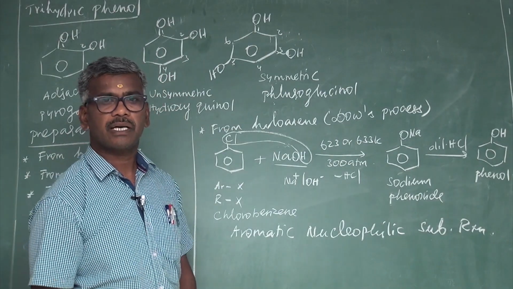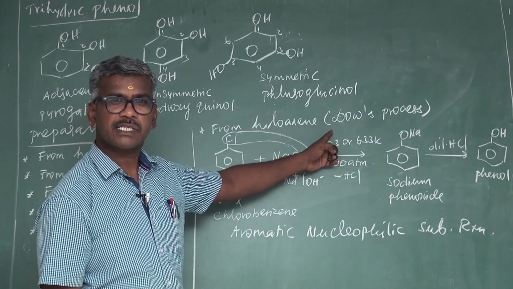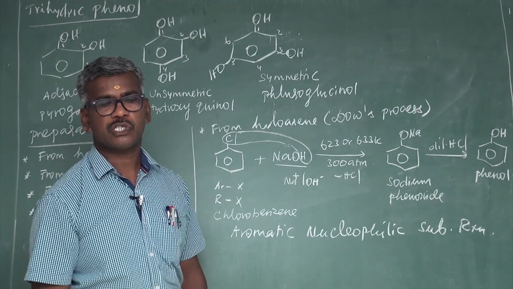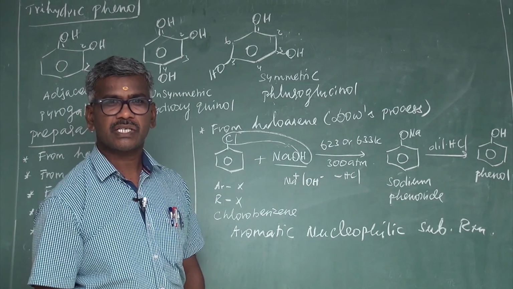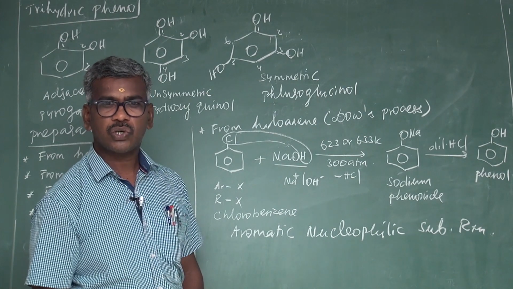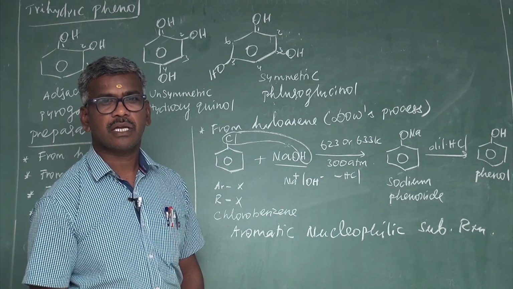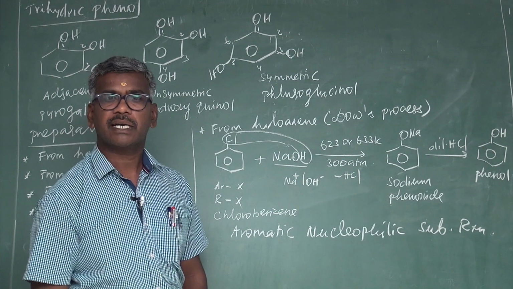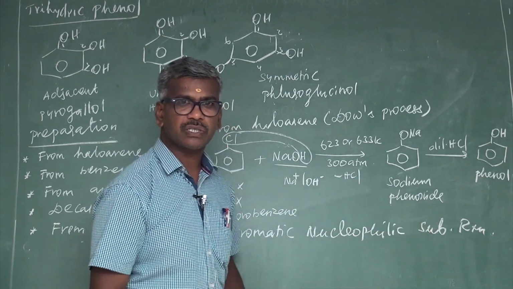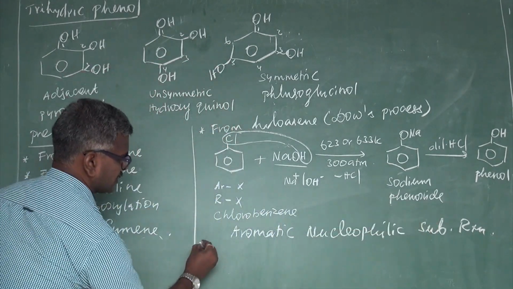One more question may be asked: in the Dow process, preparation of phenol undergoes what type of reaction? Addition reaction, electrophilic addition reaction, nucleophilic addition reaction, or nucleophilic substitution reaction? The correct answer is aromatic nucleophilic substitution reaction.